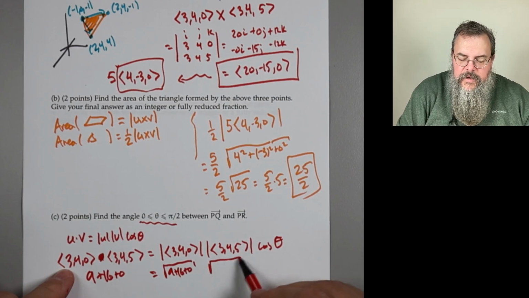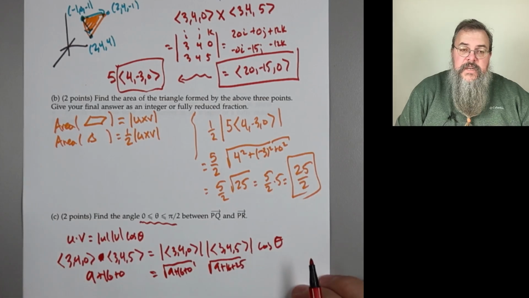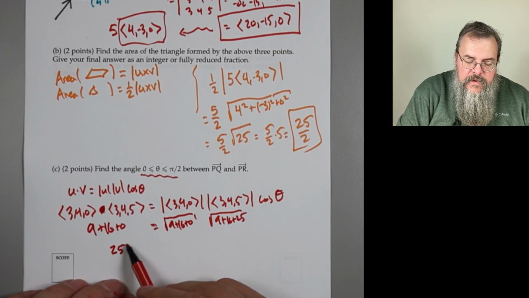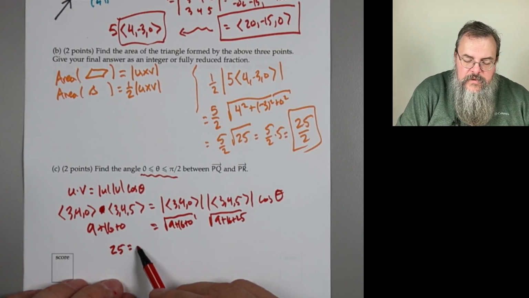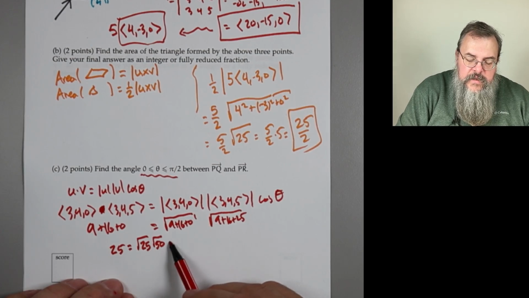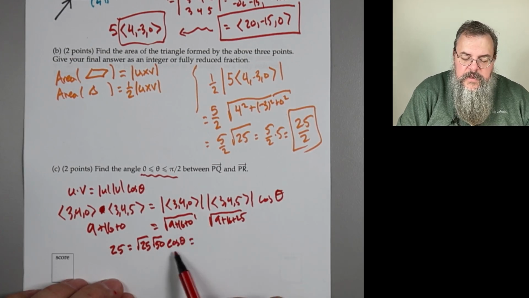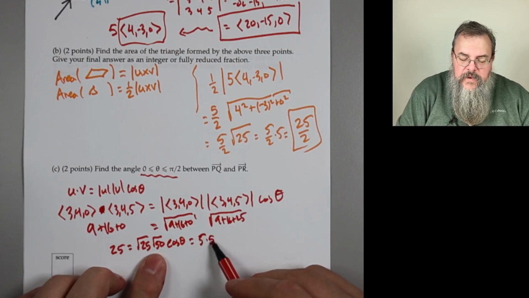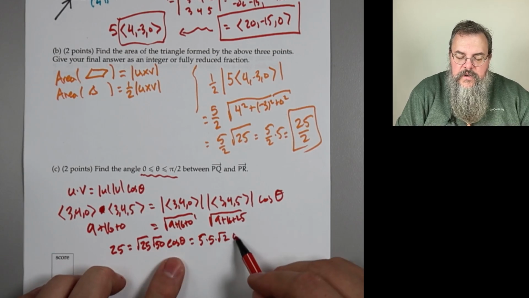And here, it's the square root of 9 plus 16 plus 25. All right. So we get 25 is equal to square root of 25 times the square root of 50. Now, if you think about it, don't forget the cosine theta, square root of 25 is 5. Square root of 50, that's 5 times square root of 2, cosine theta.